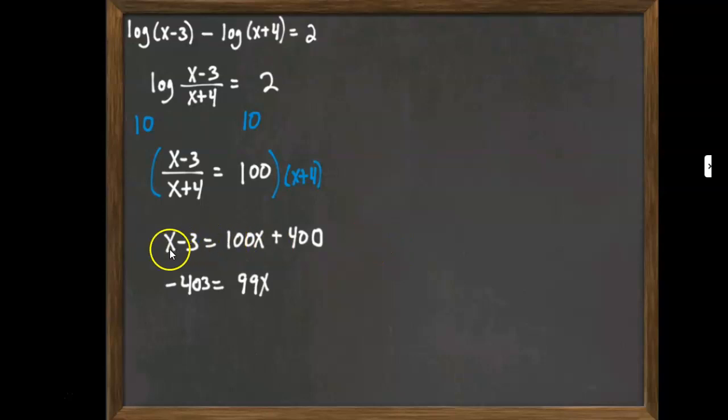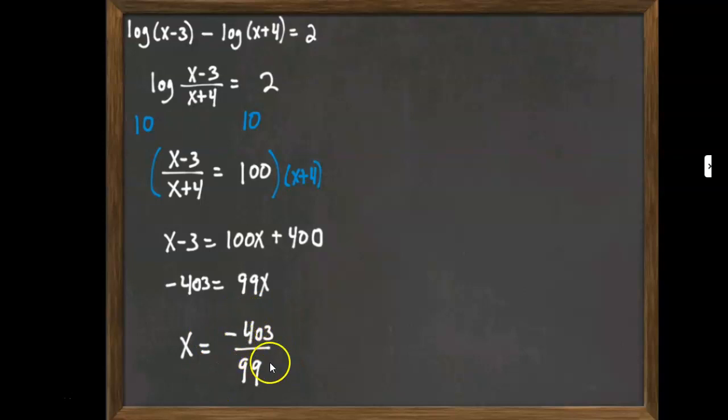And bring the x term to the other side. Gives me 99x. So I get negative 403 equals 99x. And we solve for x. So we get x equals negative 403 over 99, which would be like a negative 4 point something.